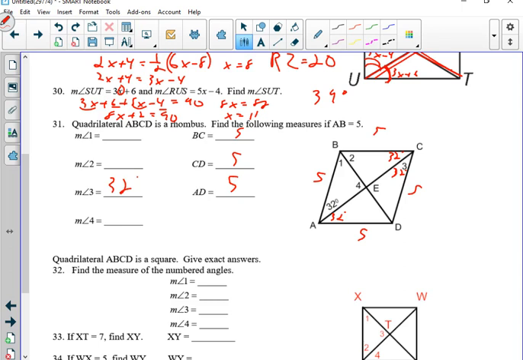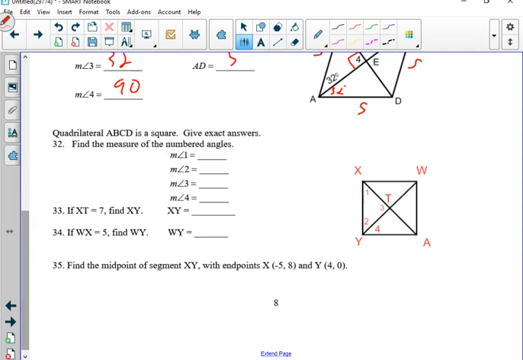Angle 4 is 90 because they intersect at a 90-degree angle. So 90 plus 32, if you add that, you get 122, which leads this to be 58, which makes 2 also 58. And we're done.